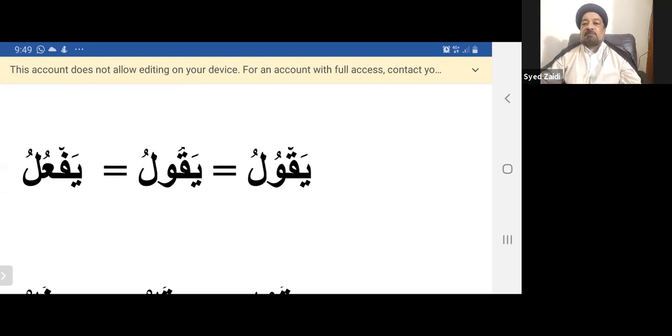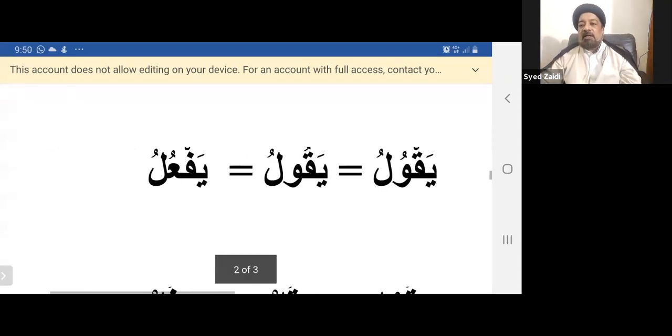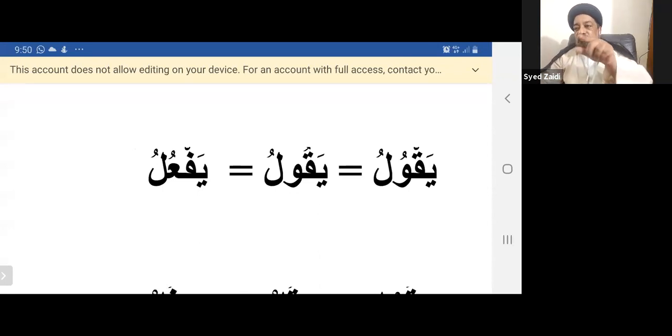Qaf is silent. So therefore, fa is silent. Waw has a pesh in Urdu, you say, sign on it, right? The dhamm sign. Waw is madmoom. Therefore, ain is madmoom. Lam is madmoom. So lam there is also madmoom, right?